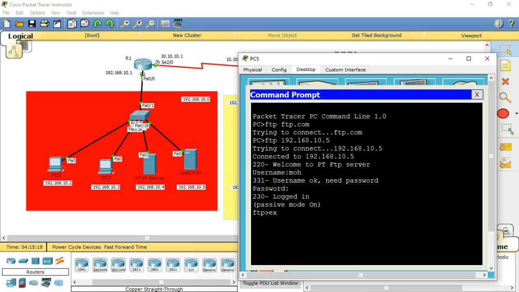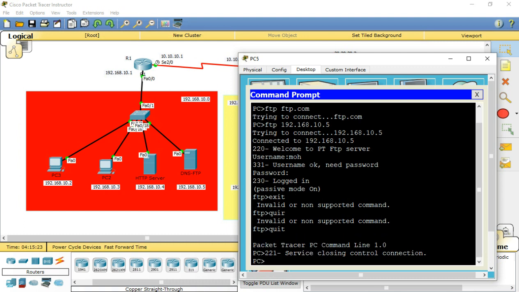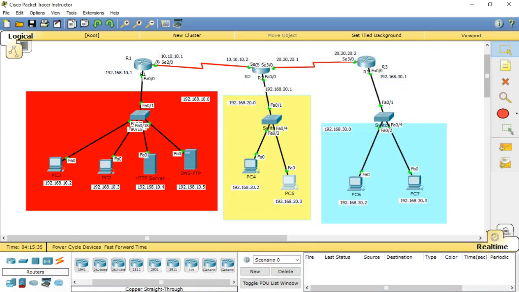You can see we can log in directly by writing the IP address, but asking for the DNS services is not allowed. Okay, you can test whatever you like. I think we finished the experiment, and inshallah you understand it. Okay, thank you.